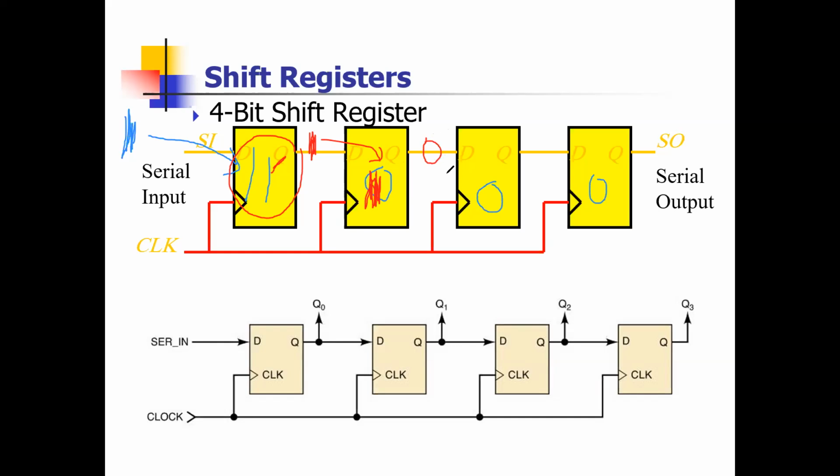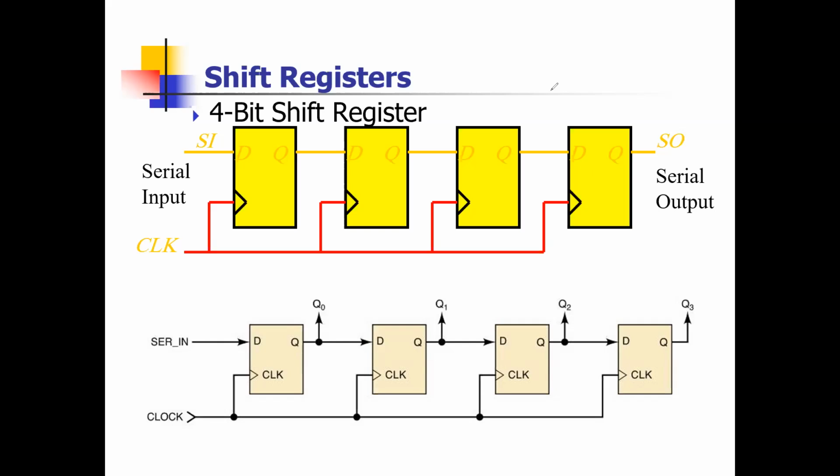Because you are doing shifting, this will stay here now. Now this 0 will come out. So this 0 will stay here and this 0 will go out. No place for you. So this is called shift register. That means one by one shifting will occur because we know that for a flip-flop, only 1 bit can be stored.